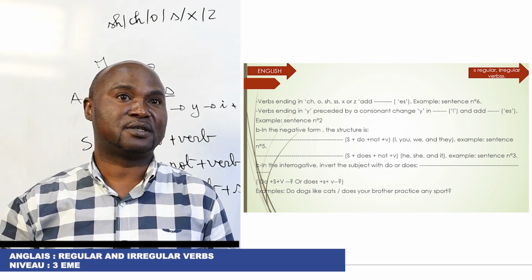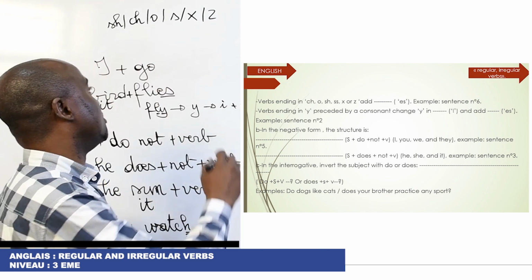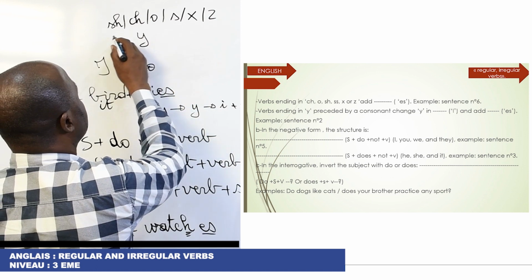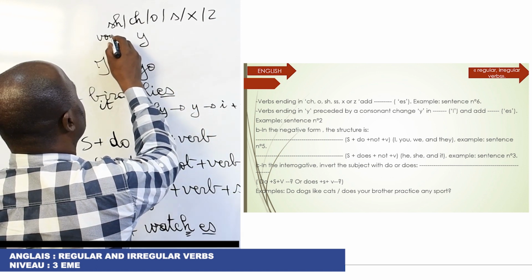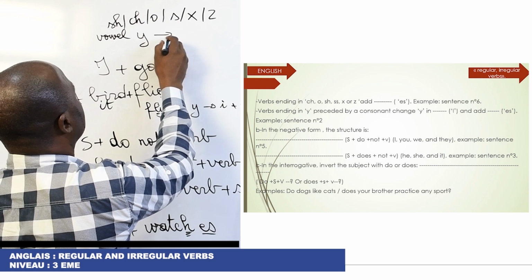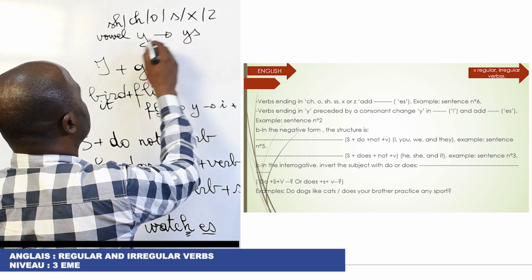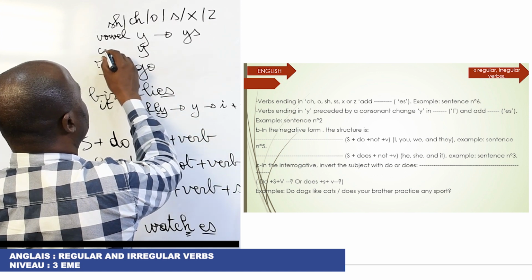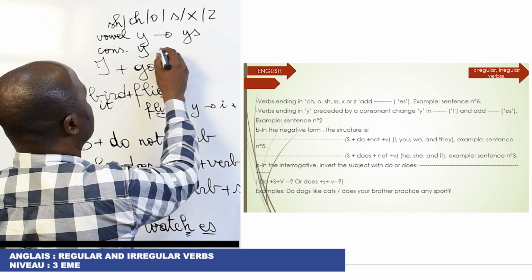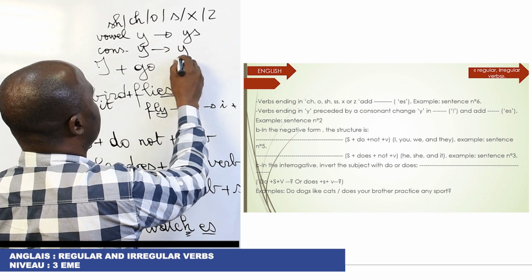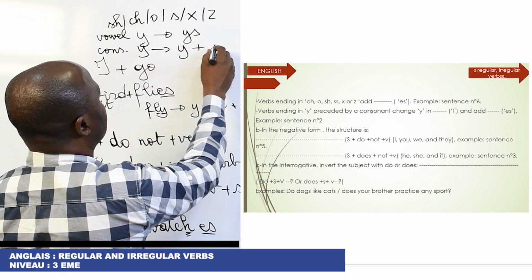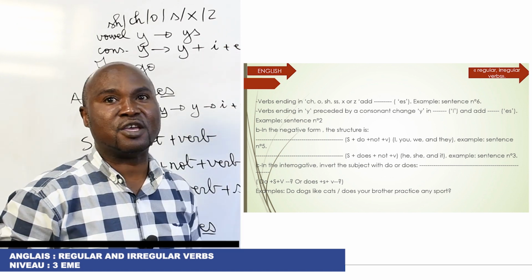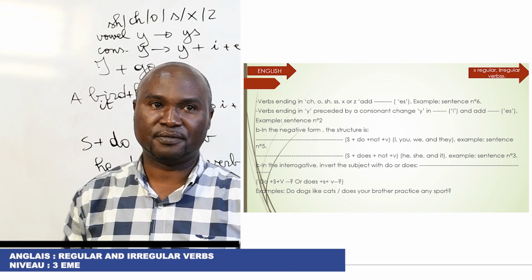Example: sentence number 6. For verbs ending in y preceded by a vowel, we add an s. But for verbs which end in y preceded by a consonant, we change y into i, and then we add es for he, she, and it.